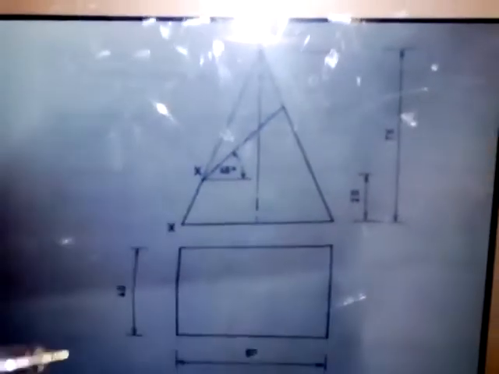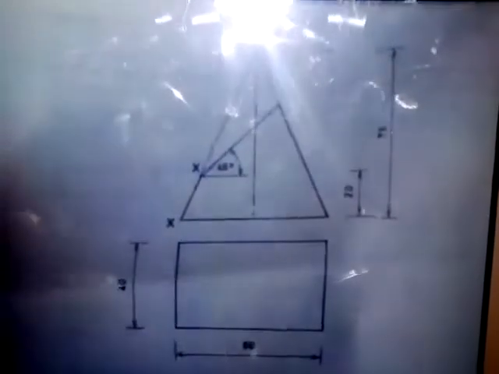So you can see the figure, but let me tell you about the dimensions of this figure. I will start with the plan. If you look at the incomplete plan, this is a rectangle of length 60 millimeters and the width is 40 millimeters.